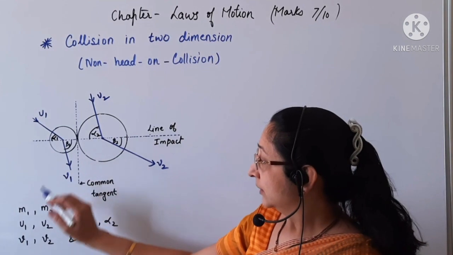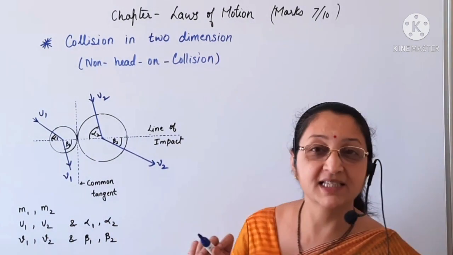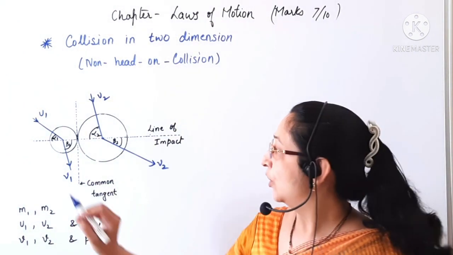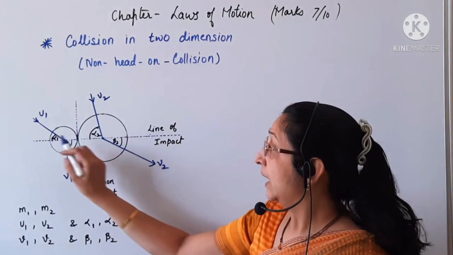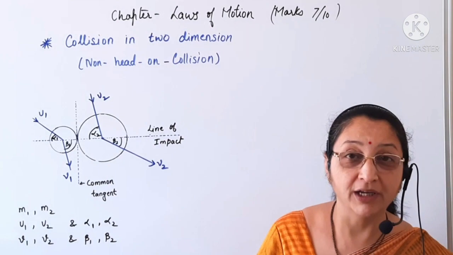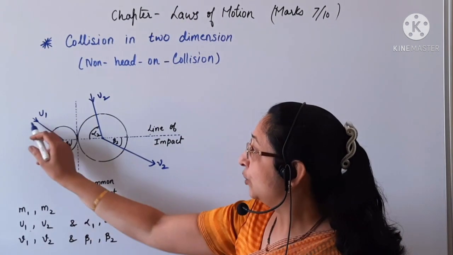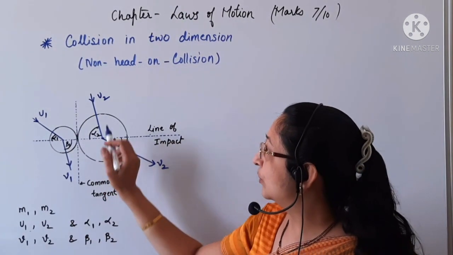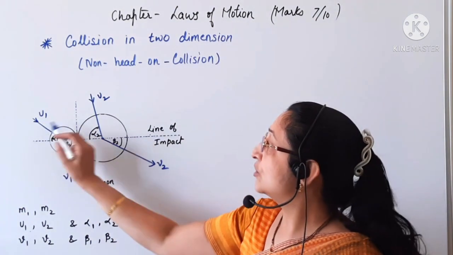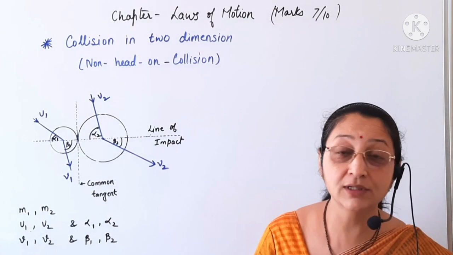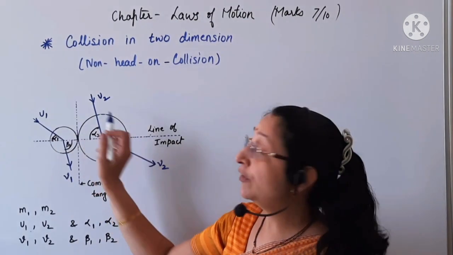Now, we are considering two bodies of mass m1 and m2. So this is a body of mass m1 and another body of mass m2. Mass m1 is moving with initial velocity u1 and mass m2 is moving with initial velocity u2. See the directions of the arrows. The arrows have different directions.